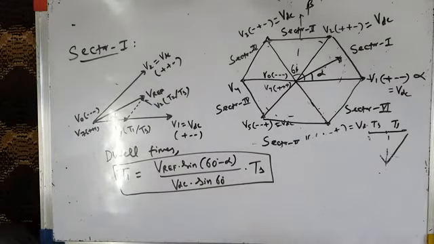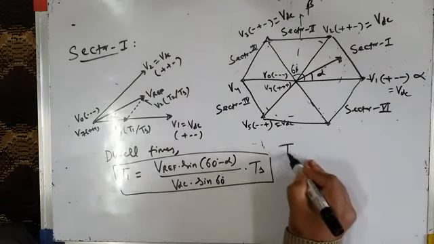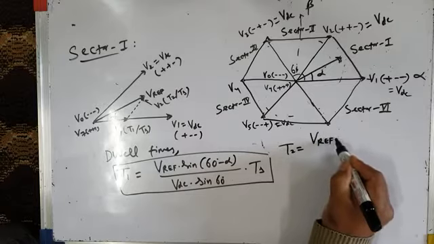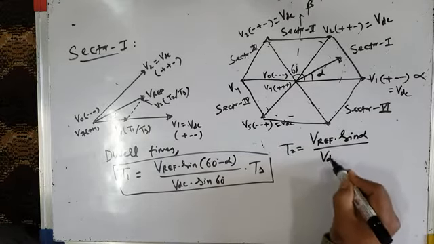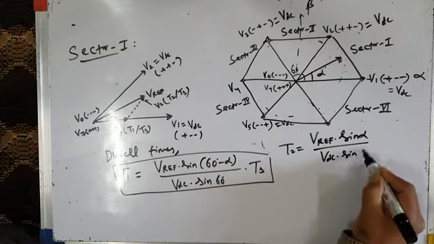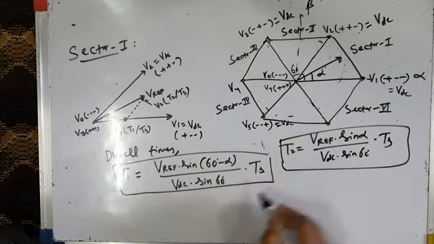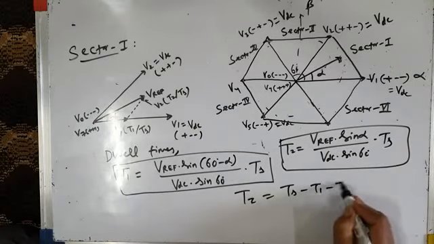Now what about T2? T2 will be equal to Vref into sine alpha divided by VDC into sine 60 degrees into Ts. This is T2. And what about Tz? Tz is simply Ts minus T1 minus T2.